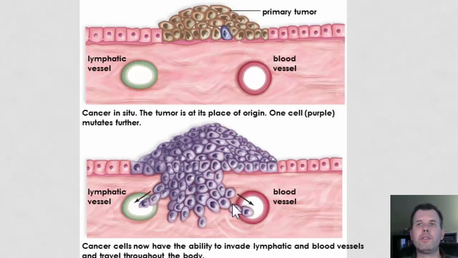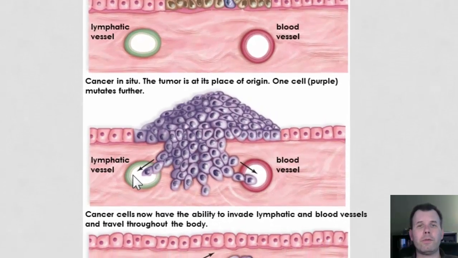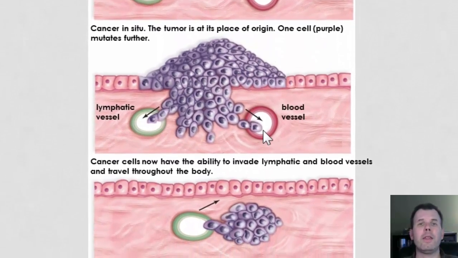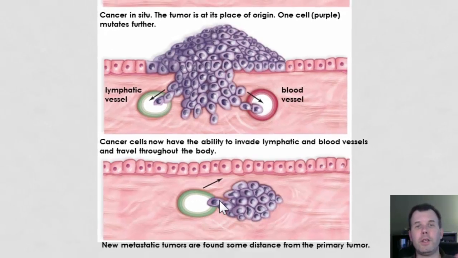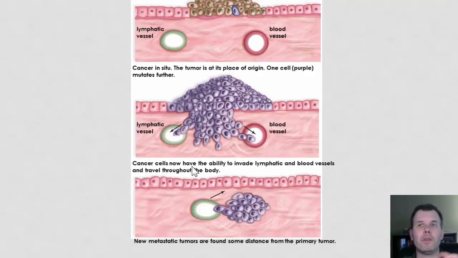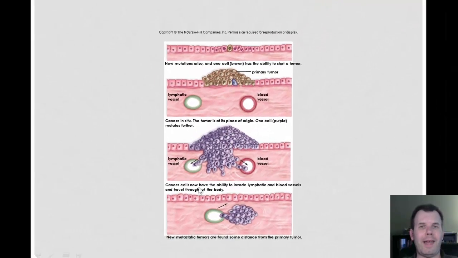And when it reaches this stage, this becomes very serious, because if they start spreading through your lymph vessels or your blood vessels, this means now cancer cells can end up in other parts of your body, and this is really serious. You don't want cancer going to your liver, your intestines, your brain, and other places like that. You want it to be localized so they can take care of it and get rid of it if you have a problem like this. Okay? And that's a bad thing. And so new cells can develop, travel through to different parts of your body, and that's how it spreads. And when it spreads, this is called metastasis.